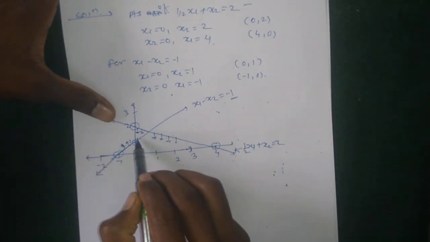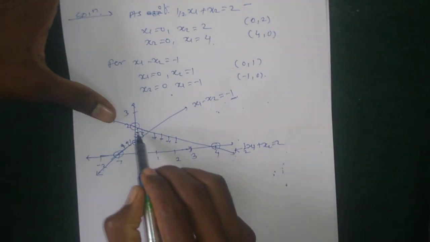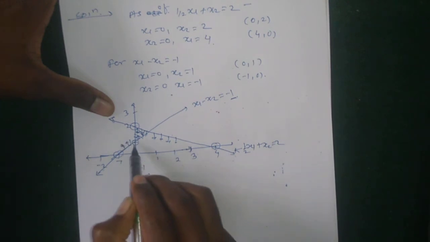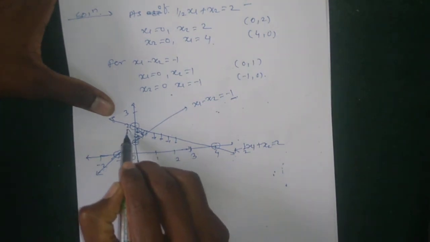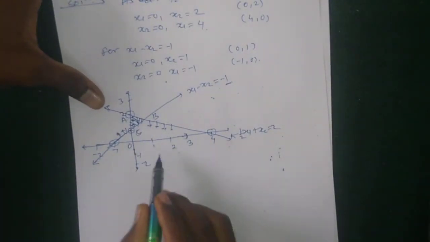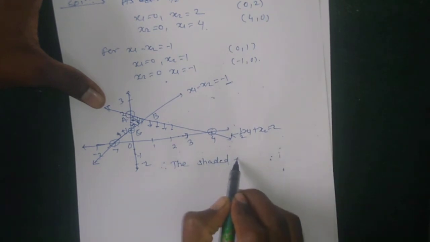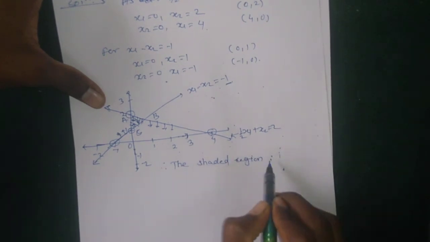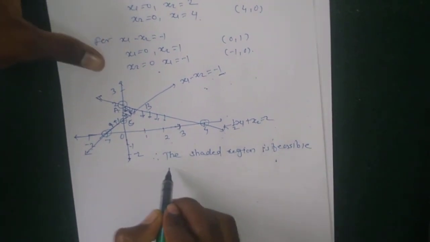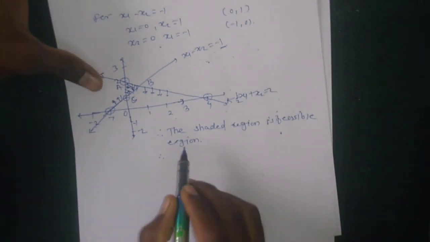Therefore the common region is this. Suppose that here this is O, A, B and C. Therefore the shaded region is the feasible region.